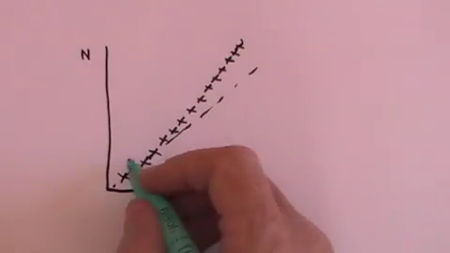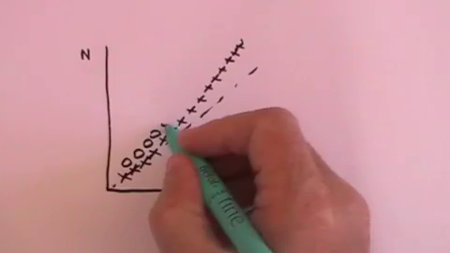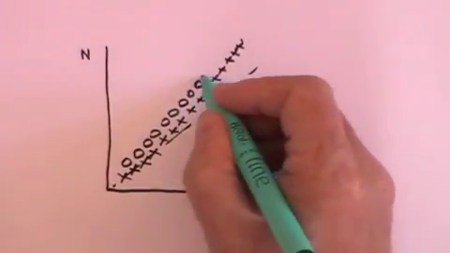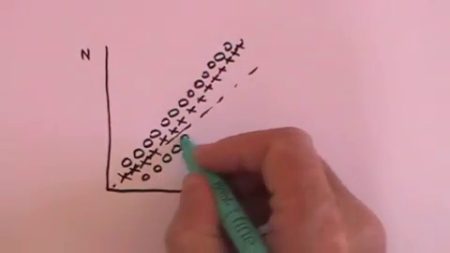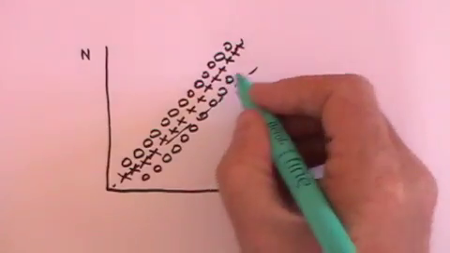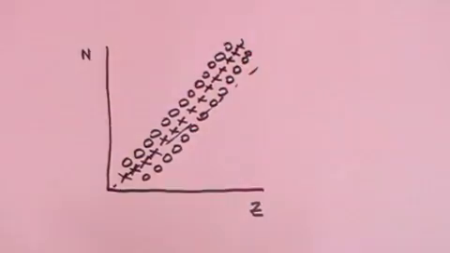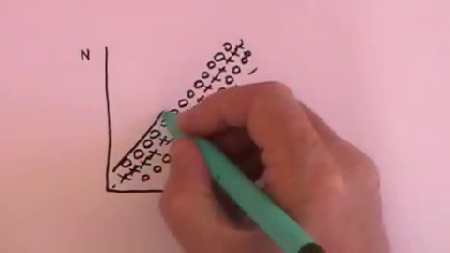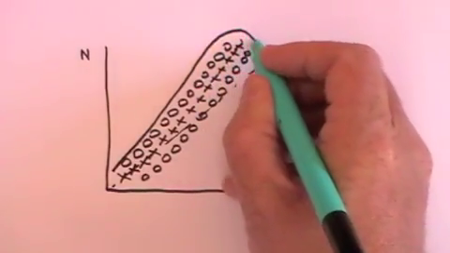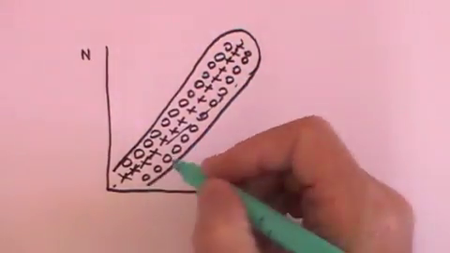We also know now why there are unstable nuclei on either side, because they are the ones that are further up the parabola in terms of energy, and therefore they are going to decay until they get to the lowest mass energy.